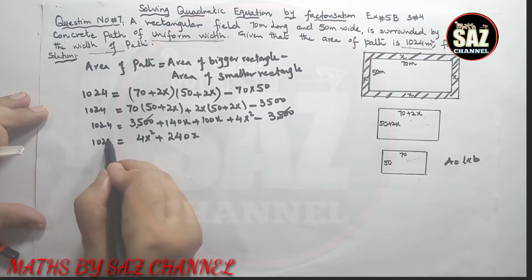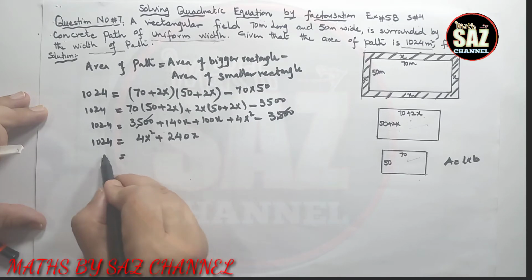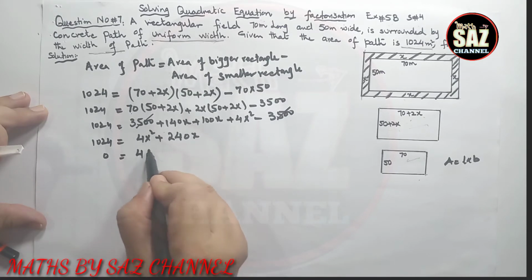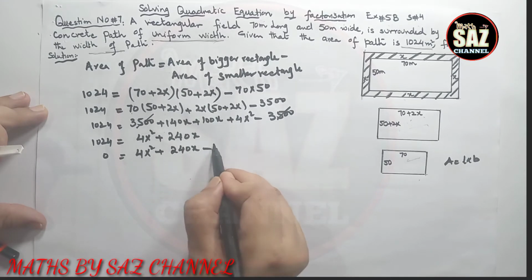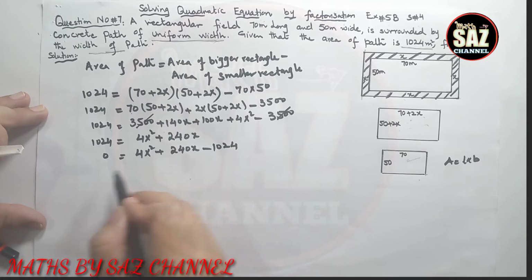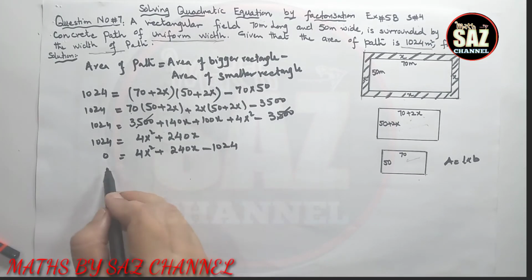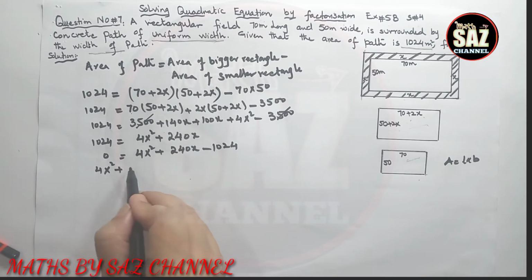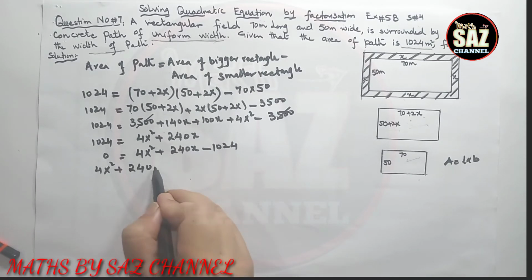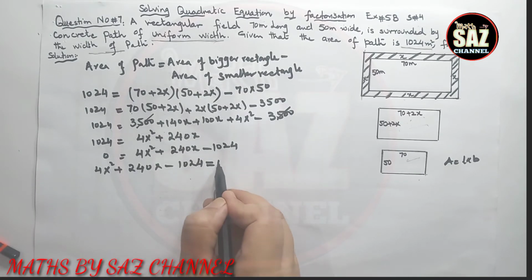Now I have to shift this 1024 to the other side, and I will be left with 0 here: 4x square plus 240x minus 1024 equals 0. Now this is my standard quadratic equation. I can rewrite it in this form: 4x square plus 240x minus 1024 equals 0.